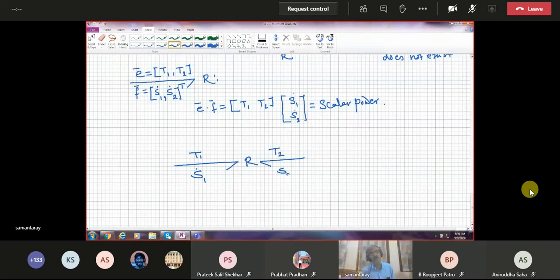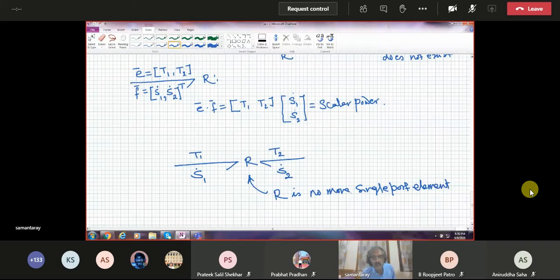Here this R is no more single port. Right? It is a two-port element.